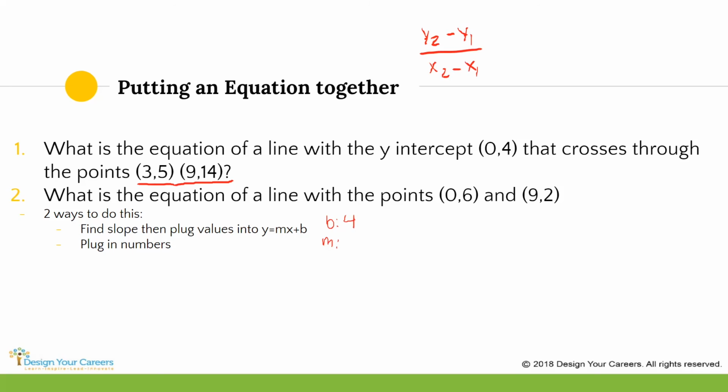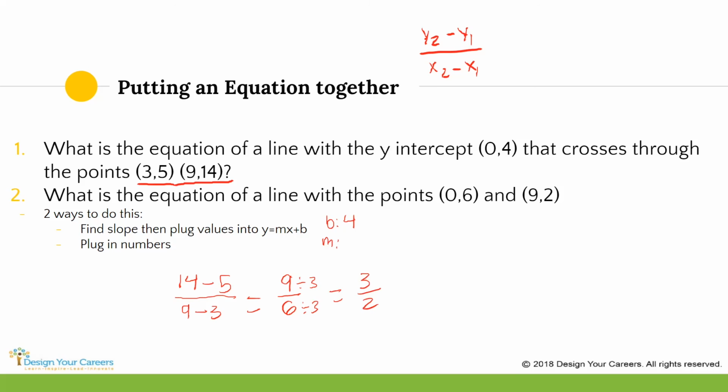So for our m value, we're going to do 14 minus 5 divided by 9 minus 3. And then we end up getting 9 over 6. But this is not our slope because it is not in simplest form. And we can actually divide by 3 in the numerator and denominator, giving us 3 divided by 2.